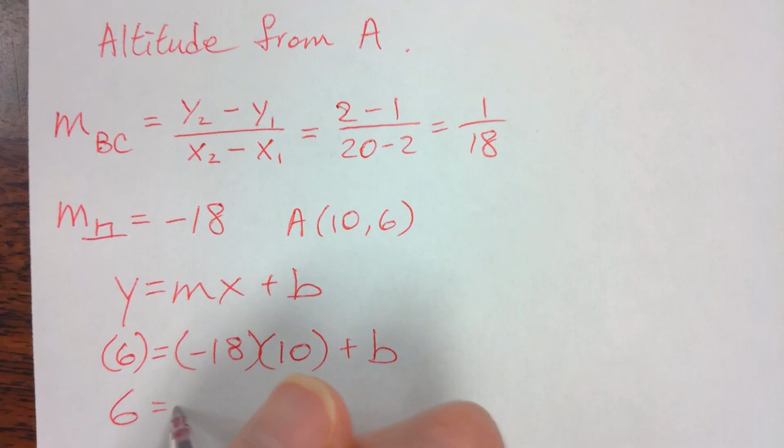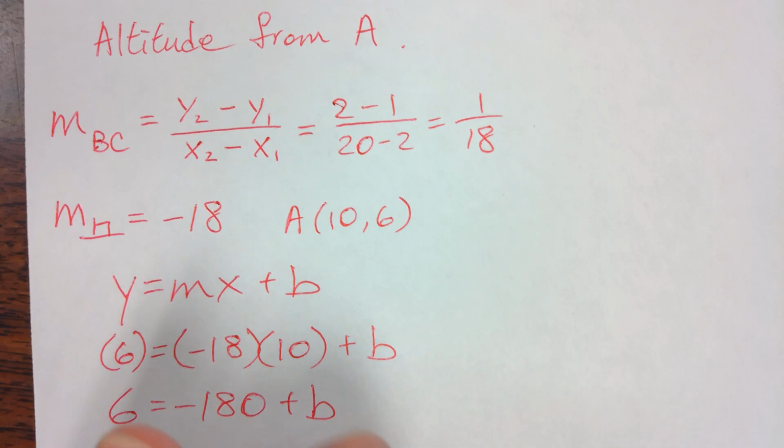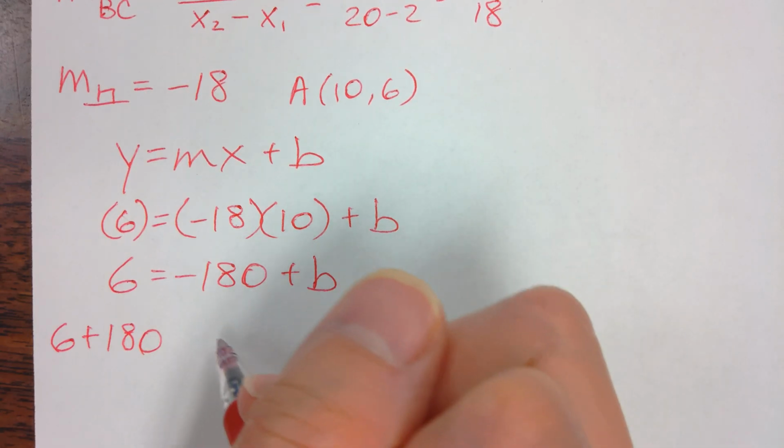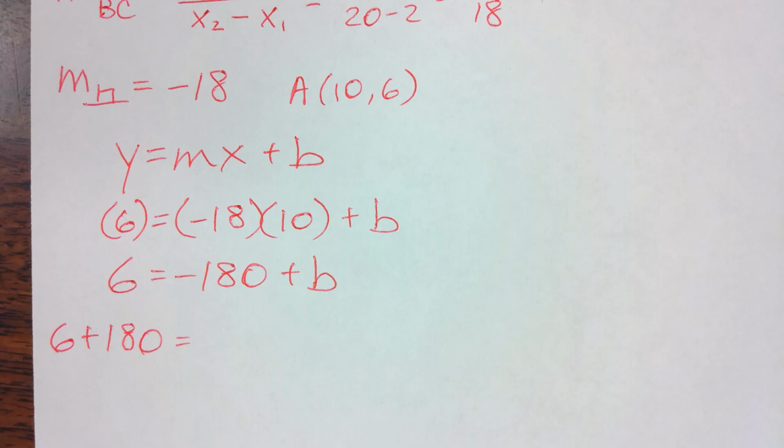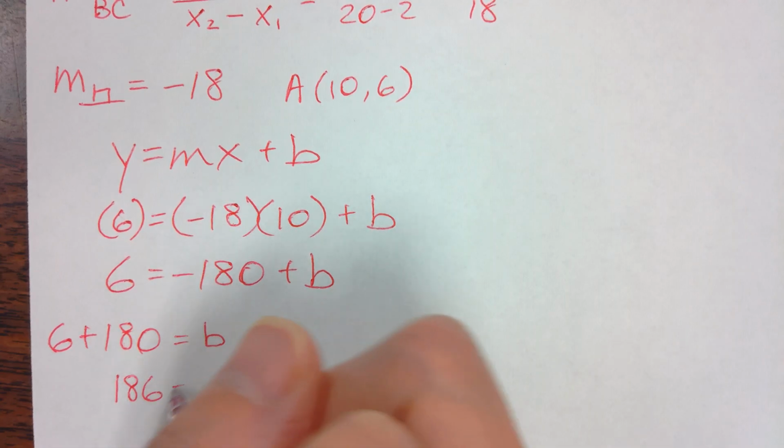So 6 equals negative 180 plus b. Moved it over, so 6 plus 180. Did I make a mistake? I don't think so. So then b is 186.